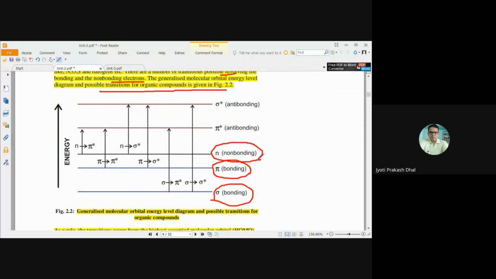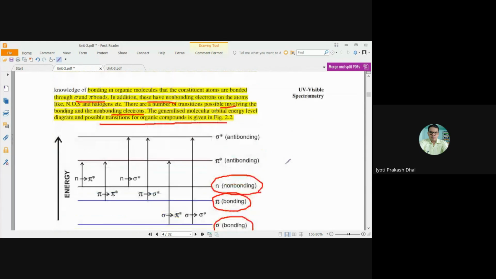So that means if the organic molecule contains heteroatoms like nitrogen, oxygen, sulfur or halogens, then some lone pairs of electrons are associated with these atoms. These lone pairs of electrons will be present in the non-bonding molecular orbital because they do not participate in bond formation.